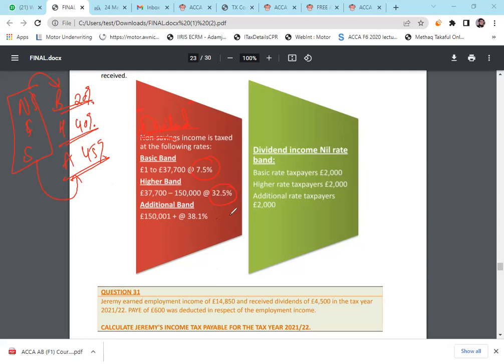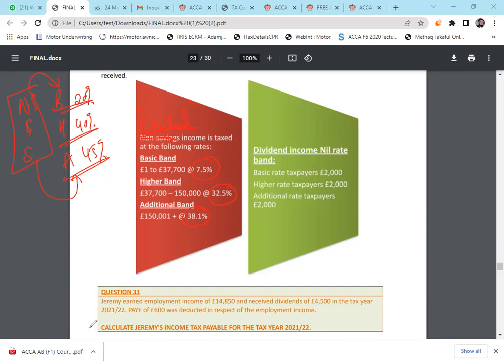And the tax rate for dividend in the additional band is not 45%, it is 38.1%. So the tax rates are different. Like non-savings and savings, the tax rates were the same, but here the tax rates are different. But as we know, all the tax rates and the limits of basic, higher and additional bands will be given in your exam.